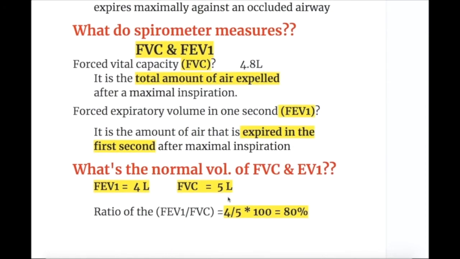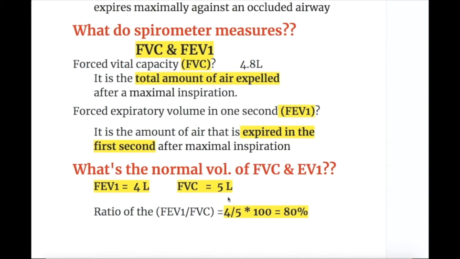What does a spirometer measure? It measures forced vital capacity and forced expiratory volume in 1 second. What is forced vital capacity, or FVC? It is the total amount of air expelled after a maximal inspiration, and normally it's about 4.8 liters. And what is FEV1?